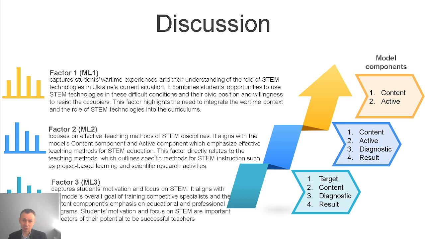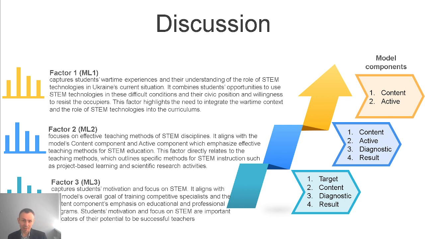This factor connects to the teaching methods from the active component of the model, which implies project-based learning, research activities and cooperative learning approaches. Factor 2 focuses on effective teaching methods of STEM disciplines in alliance with the model's content component and active component, which underline effective teaching methods for STEM education.